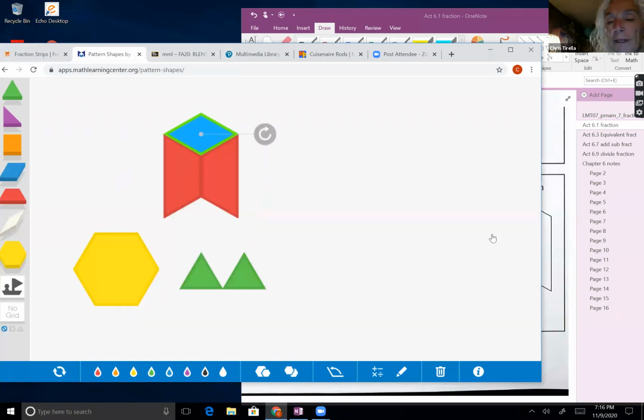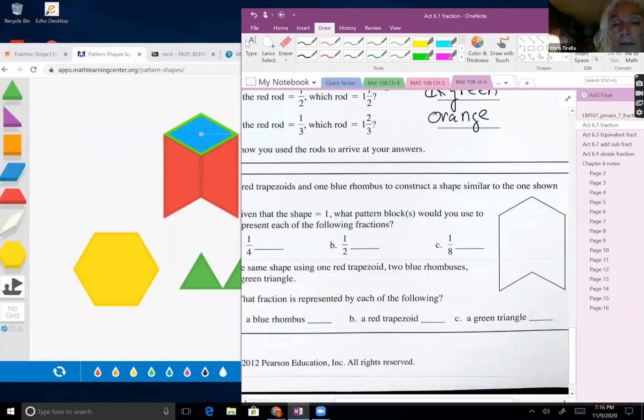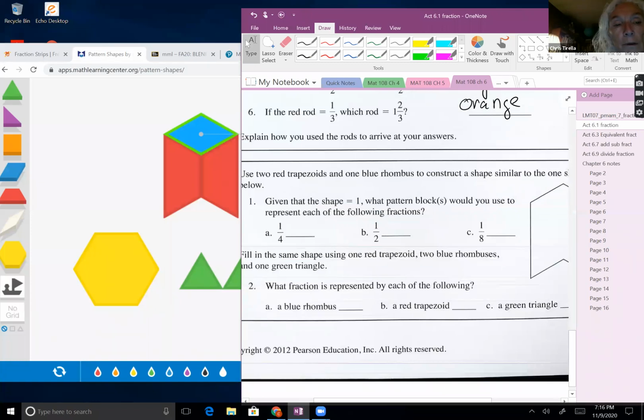And so that shape represents my number 1. And so if the area of that shape is 1, what shape would have an area of a quarter?